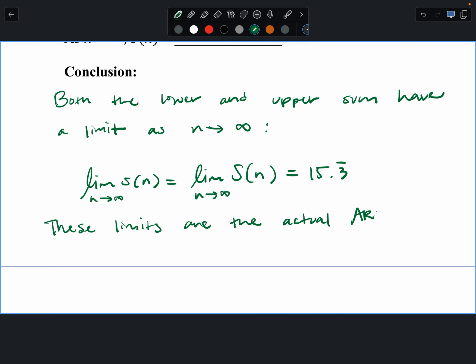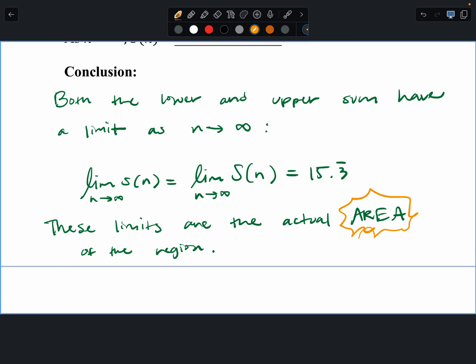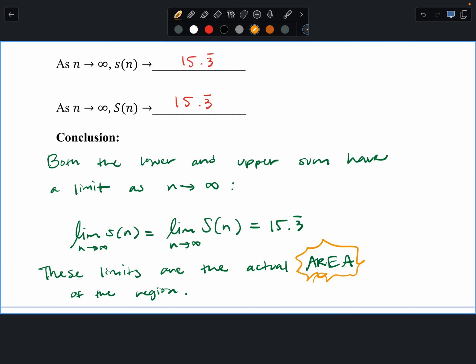So their product represents the area of each rectangle. And this whole thing would be the sum of the areas of all the n number of rectangles.